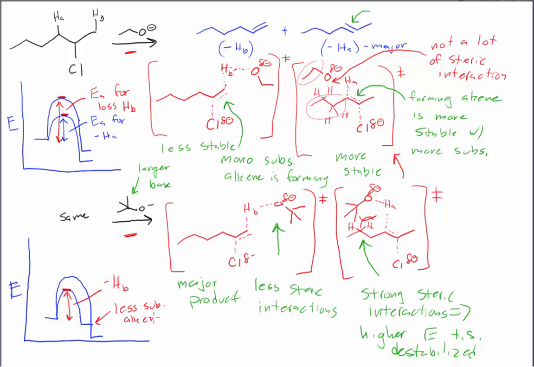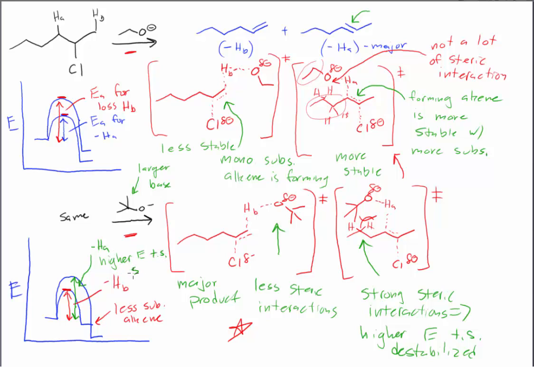So we're not making the thermodynamic product here, we're just making the kinetic product because the transition state in this case is better. That's going to be this one, this loss of HB transition state. And then the other EA is loss of HA. And that's going to be a higher energy transition state.